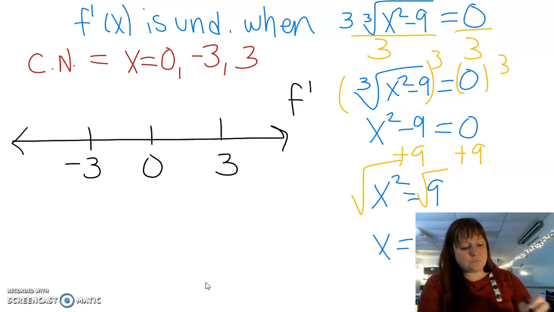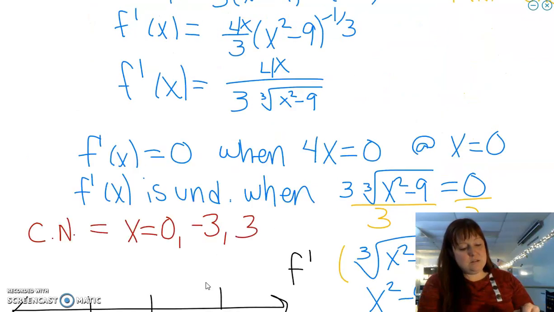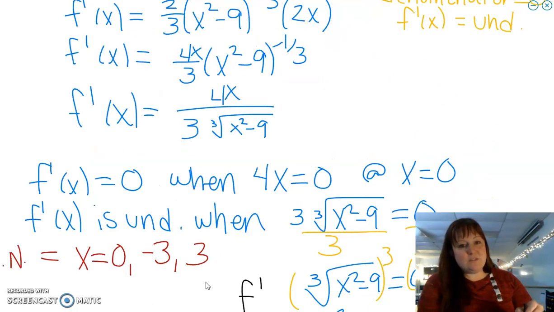So when x is equal to, say, negative 4, let's look at what f prime is. I would put negative 4 in here.